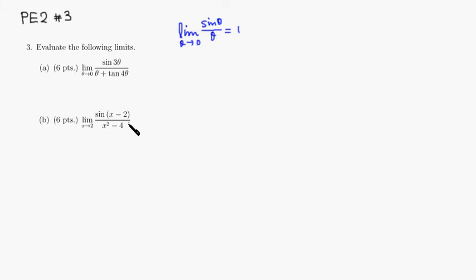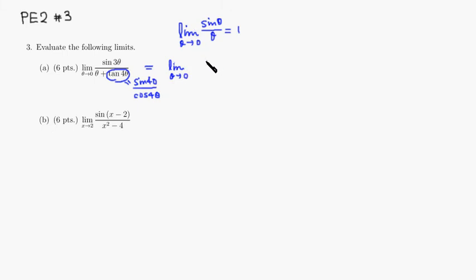First thing we should do is rewrite tangent as sine of 4 theta over cosine of 4 theta. We still have to take the limit as theta approaches 0.